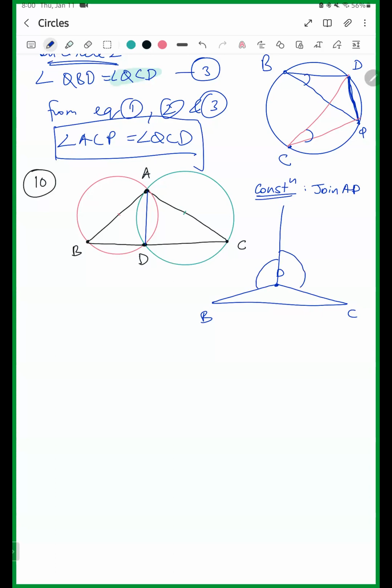If the sum of these angles is exactly 180 degrees, that means it lies on the line. Otherwise, it won't be 180 degrees.